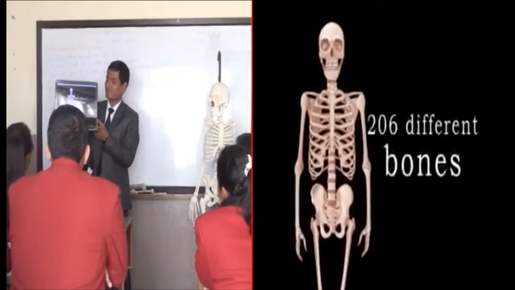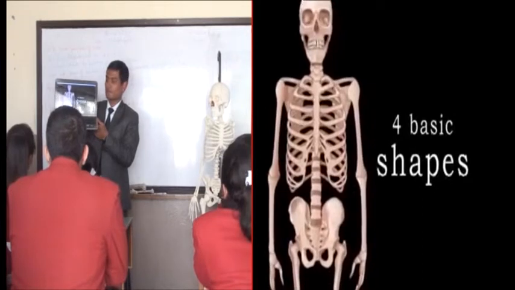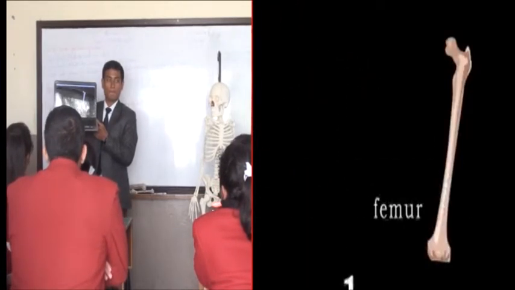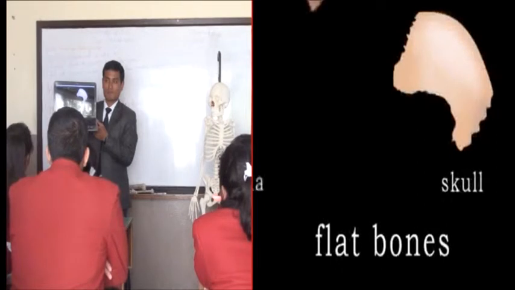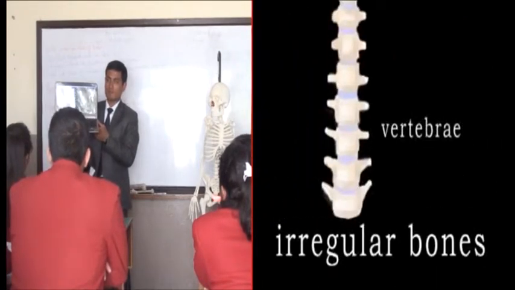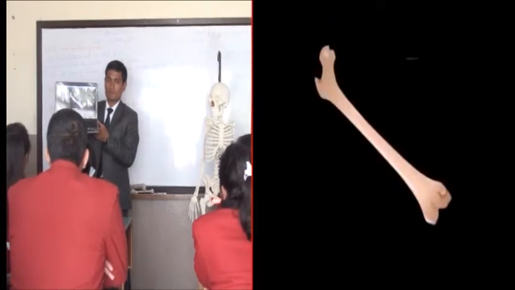The skeletal system is made up of 206 different bones, which come in 4 basic shapes. Long bones, such as the femur. Short bones, like the wrist and ankle bones. Flat bones, such as those in the skull or scapula. And irregular bones, like the vertebrae. There are 2 types of bone tissue.